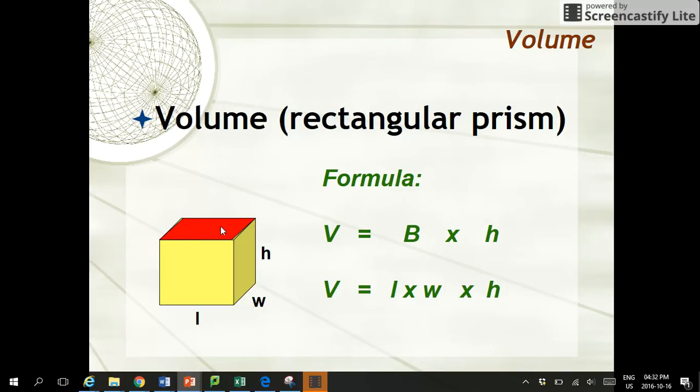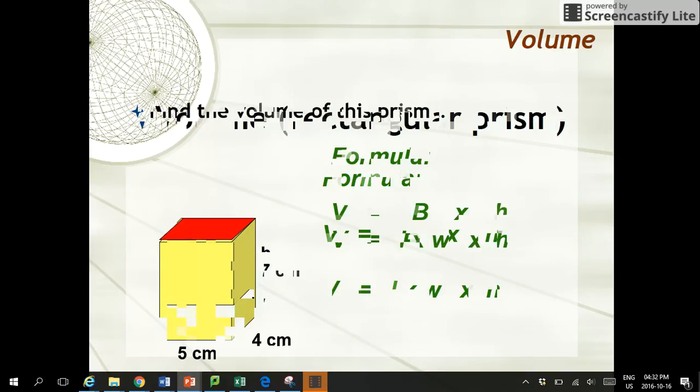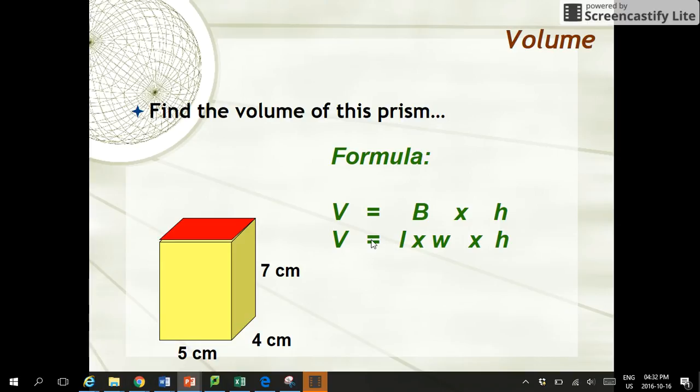Sometimes the questions will actually give you what your base is. They would have already worked the area of the base out, and then they want you to multiply it by the height. So for instance, on this one, we've got 5. Okay, so we've got a length, a width, a height. So we work out what our base is.